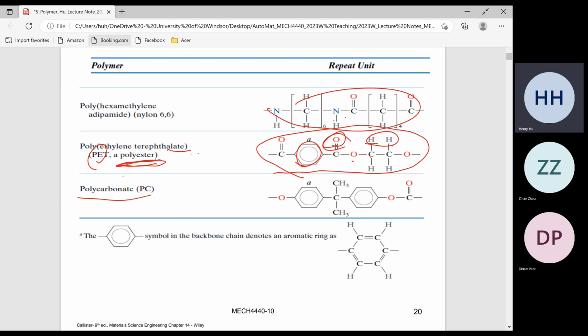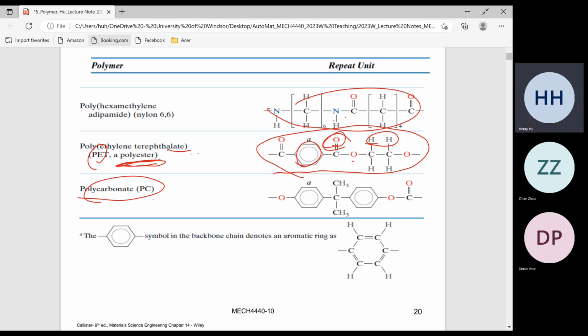And polycarbonate, in short form PC. You have 2 rings involved in your repeat unit. It's quite messy, I would say. And for the ring structure, they call it the aromatic ring.